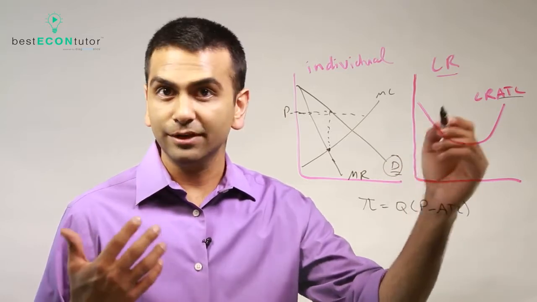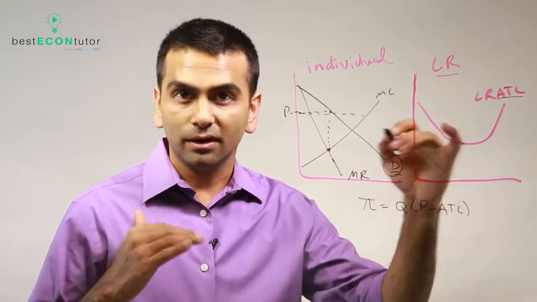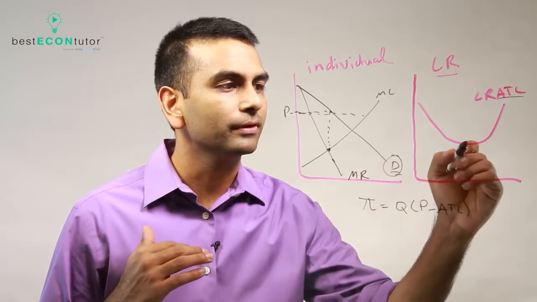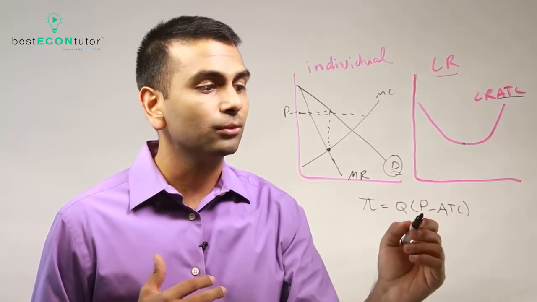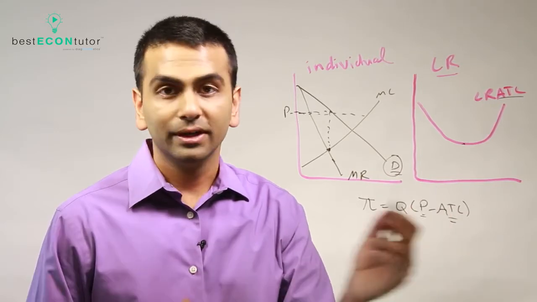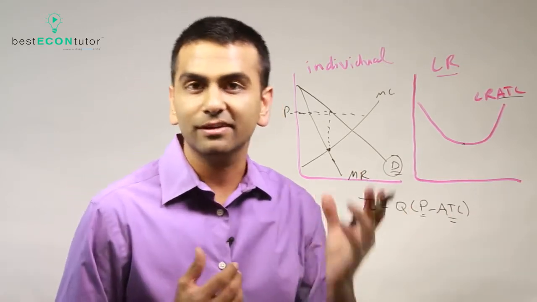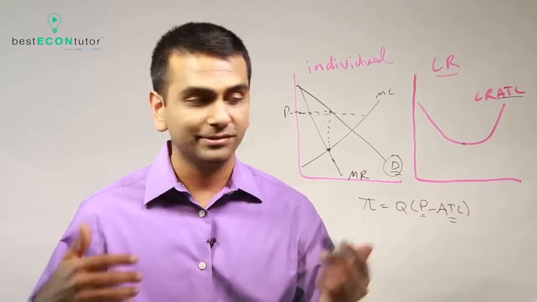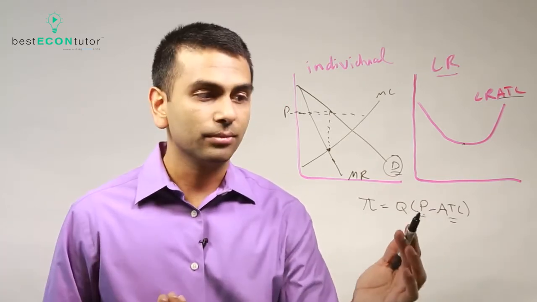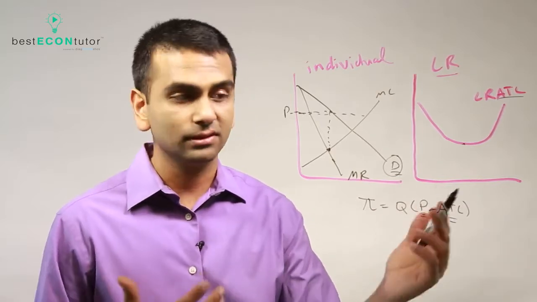And as people kept entering when we had positive profits, the price kept going down until we were at the minimum of the long run ATC. Either way, P equals ATC in that case, and so that's why your profits were zero. Basically, if it costs you 40 cents to produce your item and you're selling it for a price of 40 cents, you're making zero profit. Your price equals your average total cost in the long run.